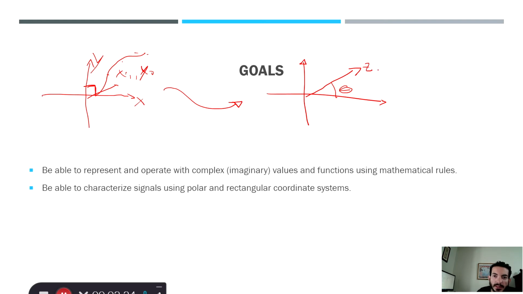The magnitude is sometimes called z, or it's also called r. You can characterize any point by knowing the magnitude r and the angle theta. So we're going to learn how to transform from one to the other.